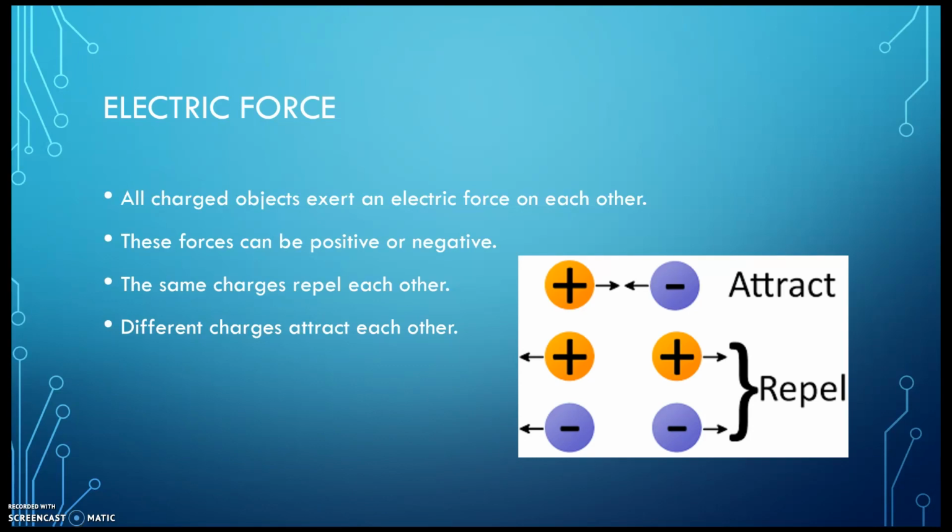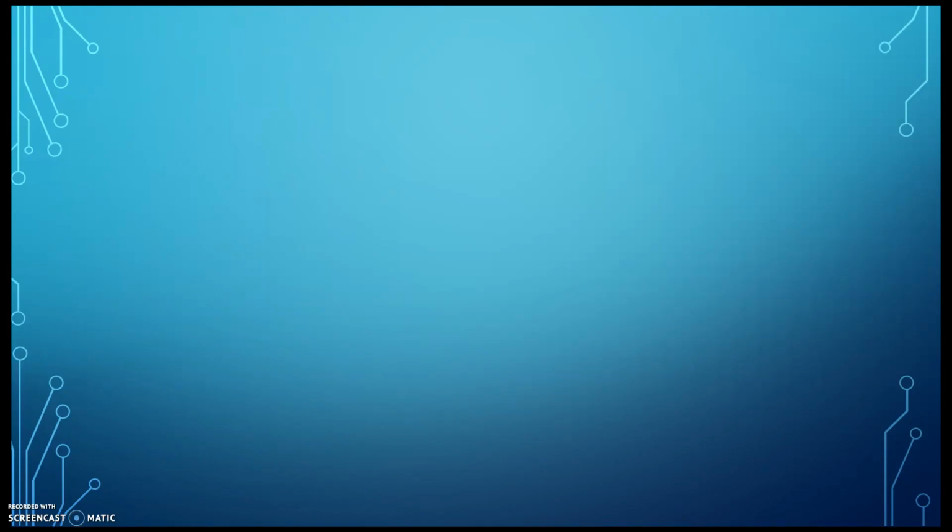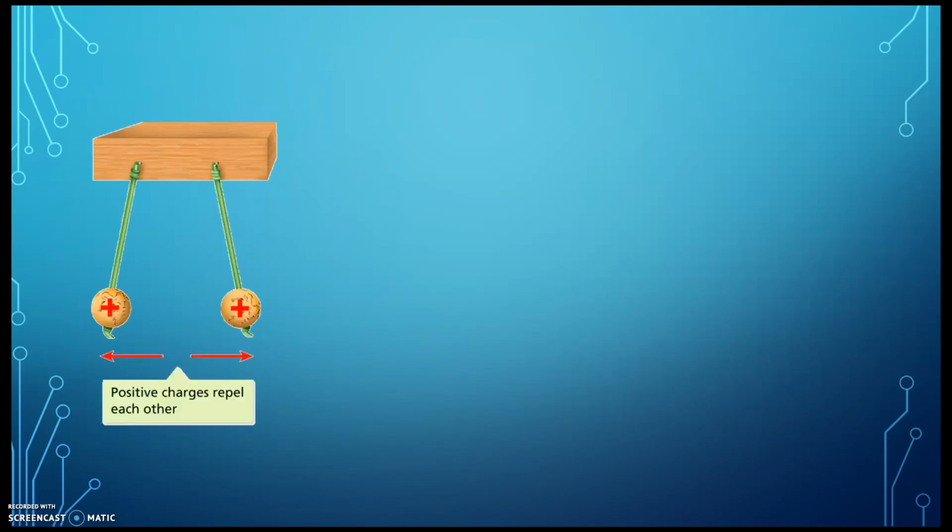So here's an illustration that can help you remember that those opposite charges attract, and either two positive charges or two negative charges, those same charges or like charges, are going to repel each other or push each other away. Here's just another example that shows if you have two positively charged objects, they're going to push away from each other.